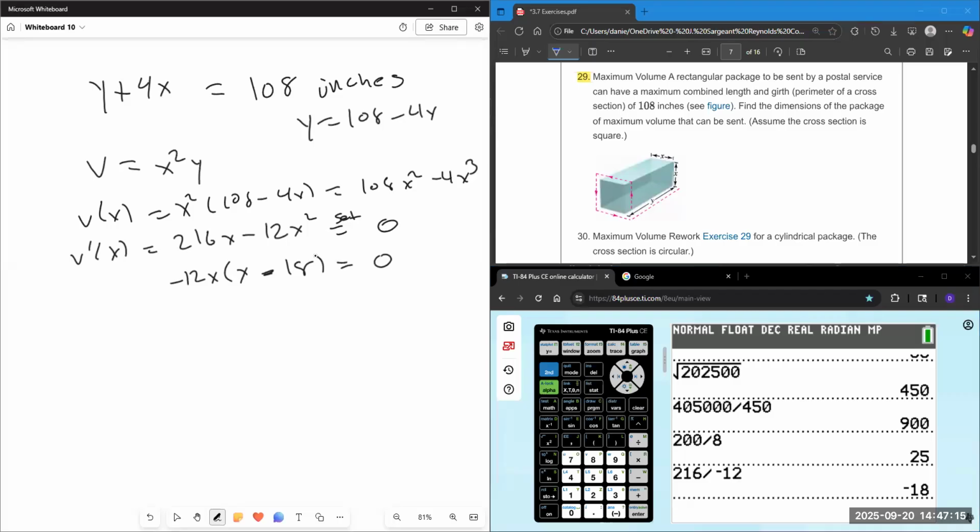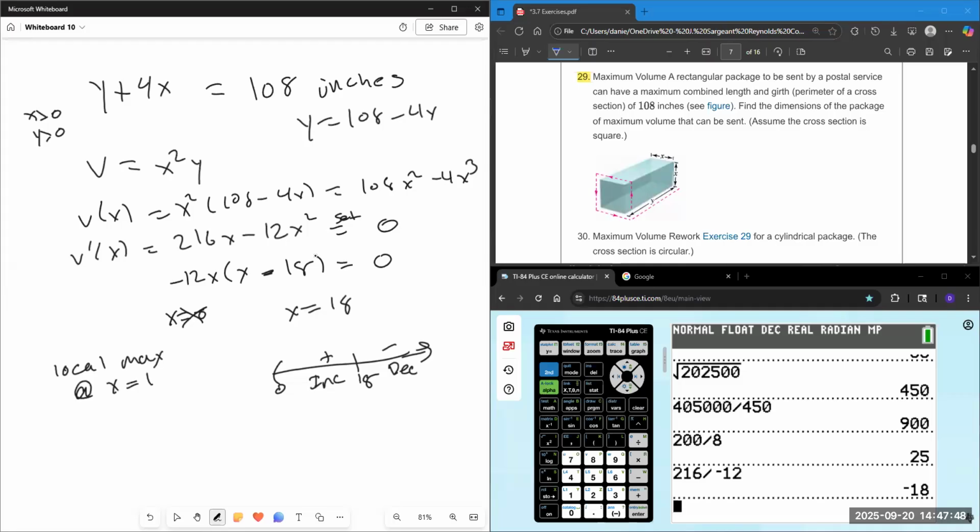And then x has to be greater than 0 and y has to be greater than 0 in this situation here, so x equals 0 doesn't make any sense. x equals 18. Let's test this. Zero, 18, and beyond. Negative times a negative is a positive and increasing. Negative and positive is negative and decreasing. There's a local max at x equals 18.